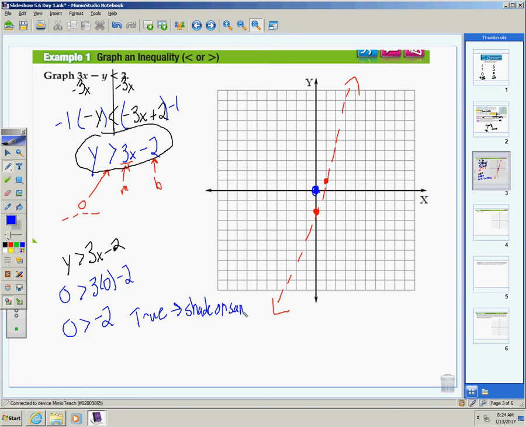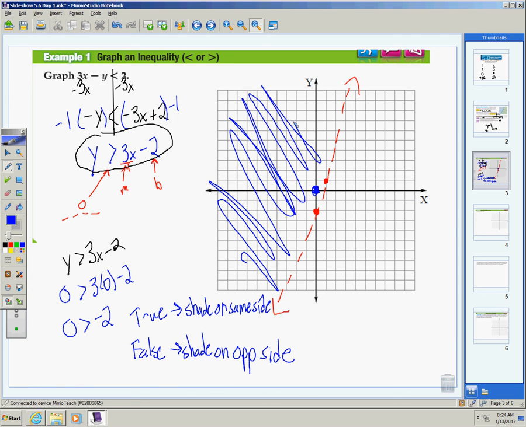If you get a false statement, that means you're going to shade on the opposite side. Because here, my point is on this side of the line, so I'm going to shade everything on this side of the line. And what this means is that all of these are possible answers to this inequality.